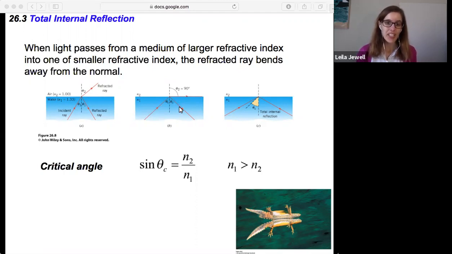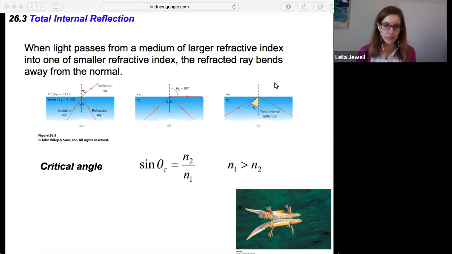And at this point, none of the light is able to pass through the interface. It is only reflected. If you go to any angle above the critical angle, there's no more refracted ray at that 90 degrees angle. This is known as total internal reflection, where all of the light stays within that medium of higher refractive index. Like all of the light stays within the water and isn't able to make it out to the air.